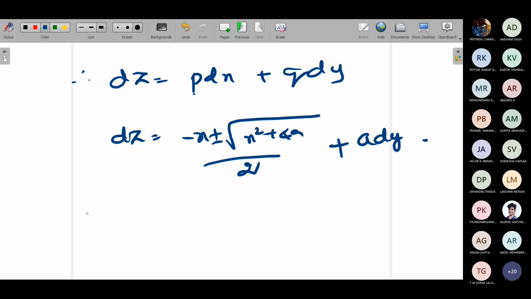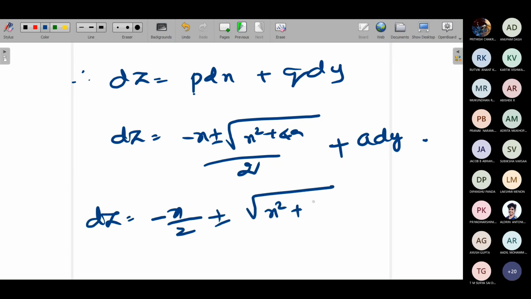Now before integrating it, I will rewrite this. dz is equal to minus x by 2 plus or minus square root of x square plus, I can write it as 2 root a the whole square. Can I write like this? Yes, I'm writing it as 2 root a the whole square.